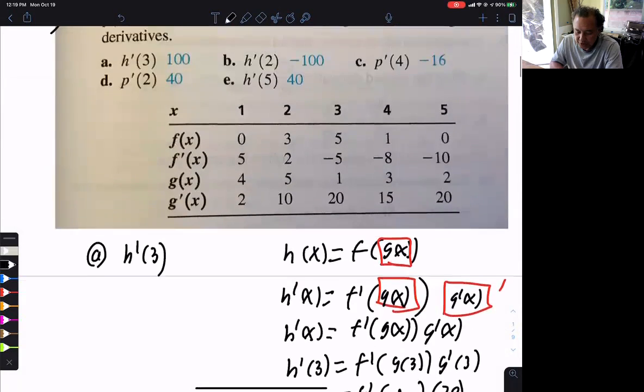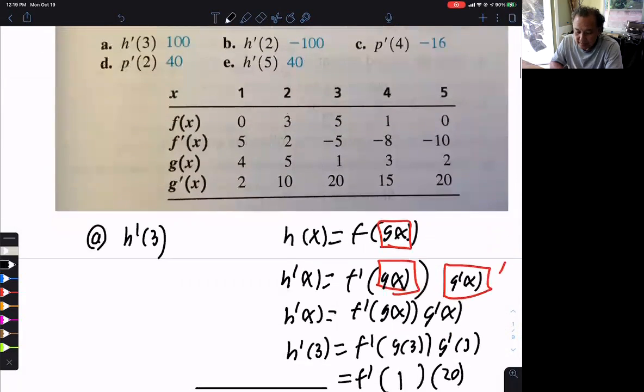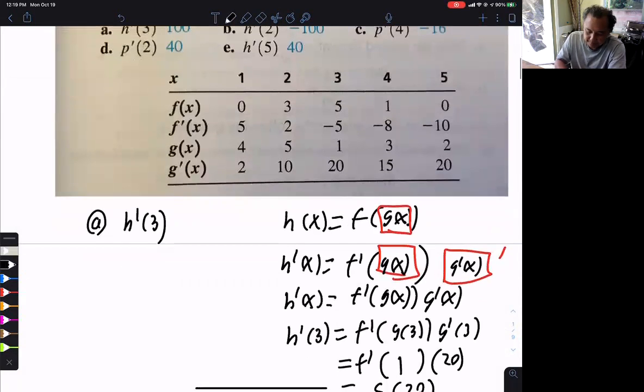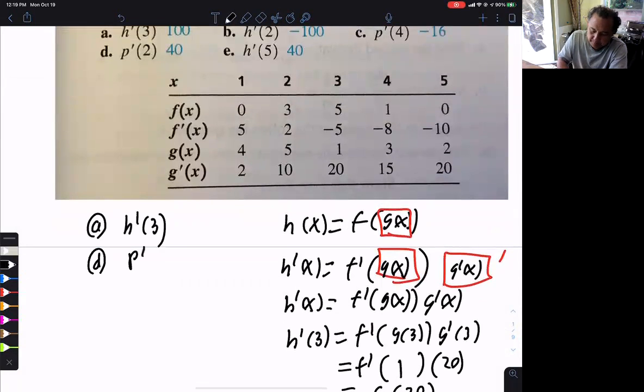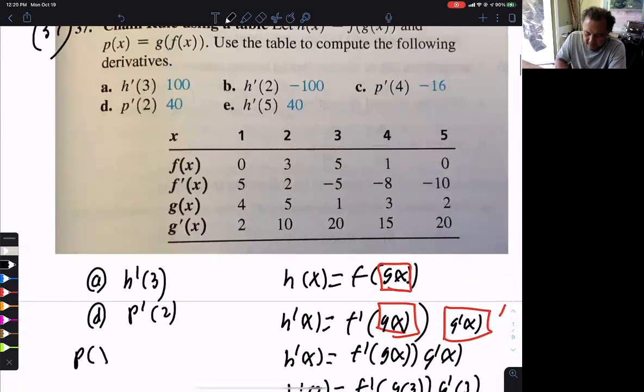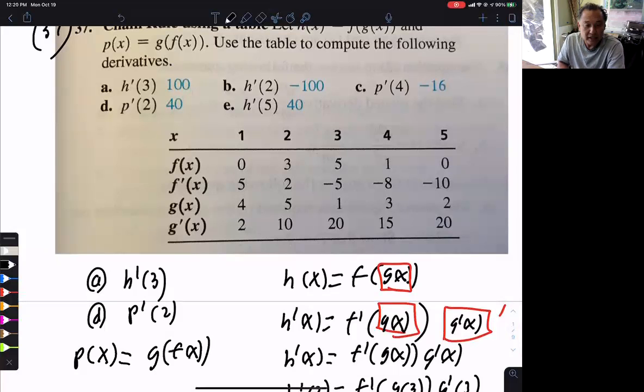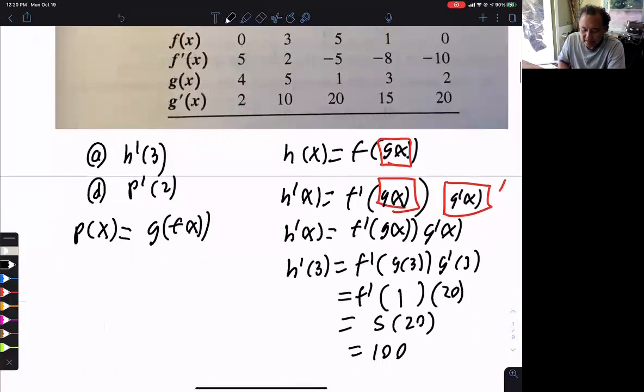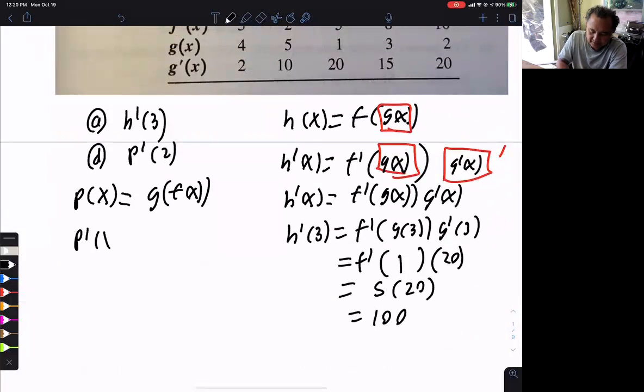I will do one of the G's or P's. P prime, I'm going to do part D. P prime at 2. So what is P? I'm not asking as a biology teacher, but as a math teacher. What is P? G of F of X. We need the derivative of P. Well, you should see G of box.